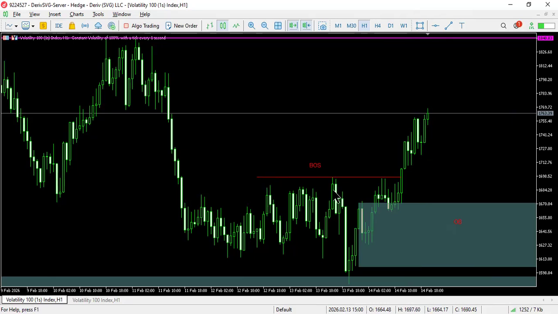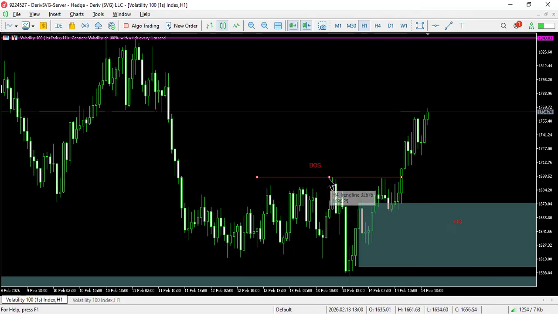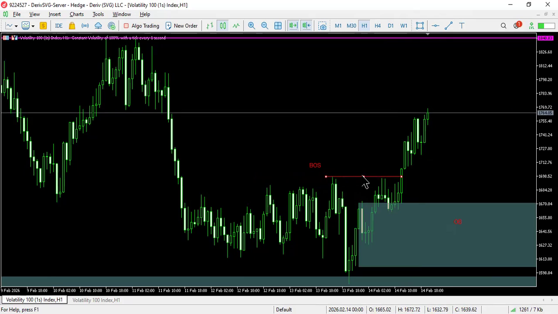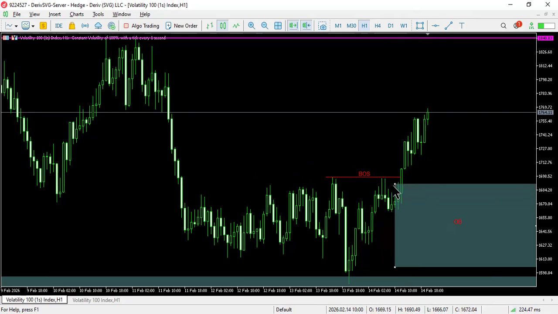So from the 1 hour time frame, so adjusting our break of structure, it's going to be right there. So we have a recent break of structure. We always work with the most recent break of structure. That is what our strategy is all about.